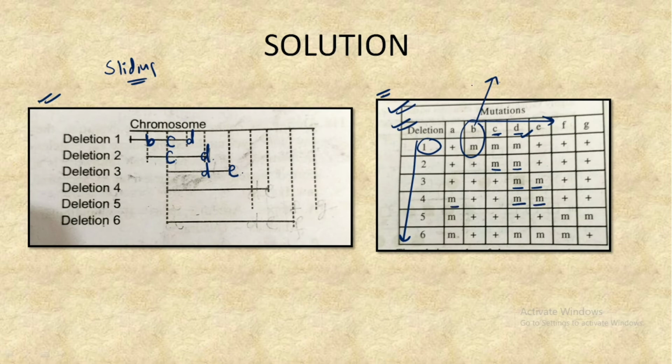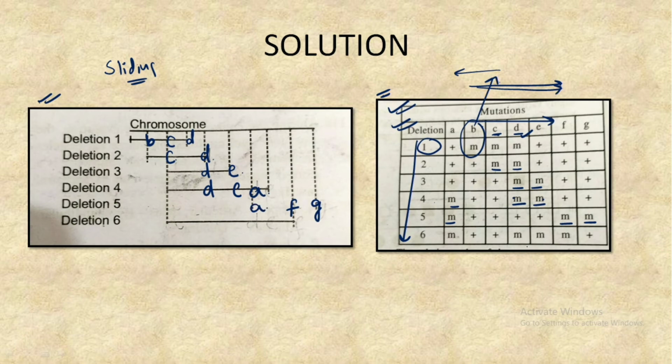Make sure you move in the same direction. Do not go backward; use the same order. So we have D, E and A in the fourth deletion. In the fifth deletion, we have F, G and A. Write down F, G, and A is already present.